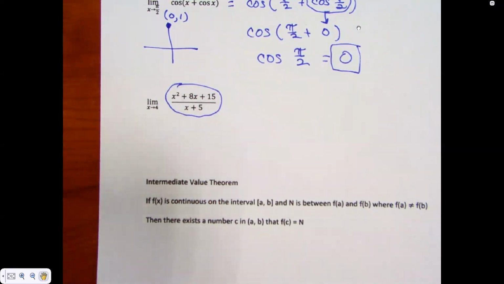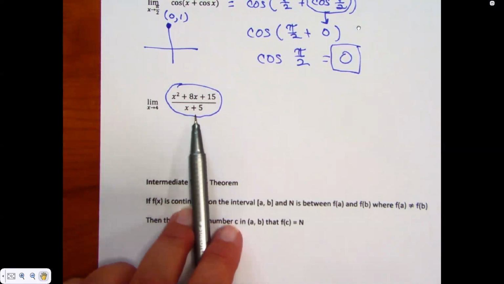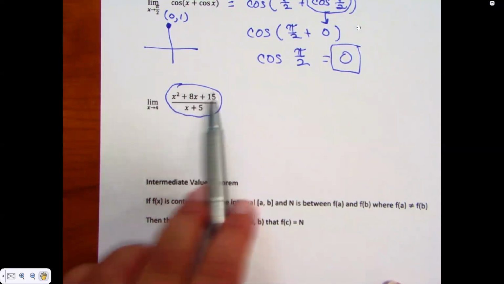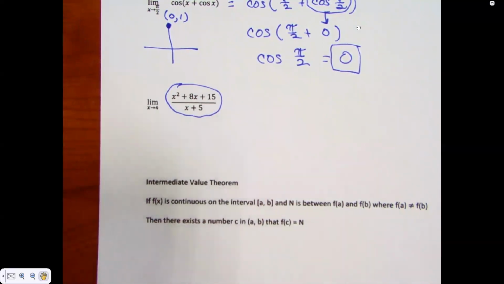And where's the hole at? If it cancels, the hole is at -5. Now, what happens if we factor? Who remembers the rationals? What happens if we factored this and it didn't cancel? Whatever makes the bottom 0 after canceling, that's an asymptote.